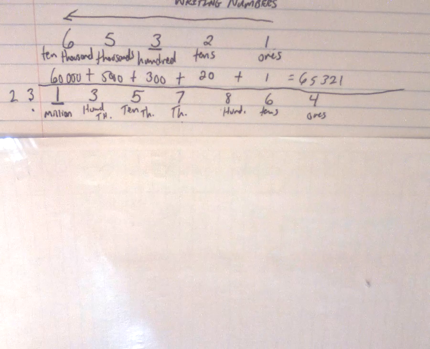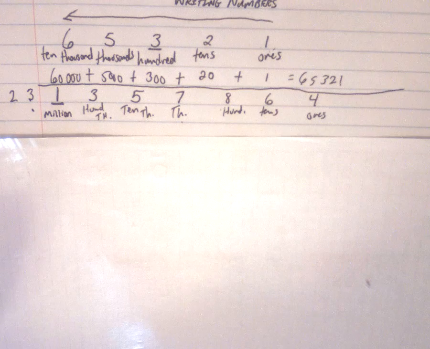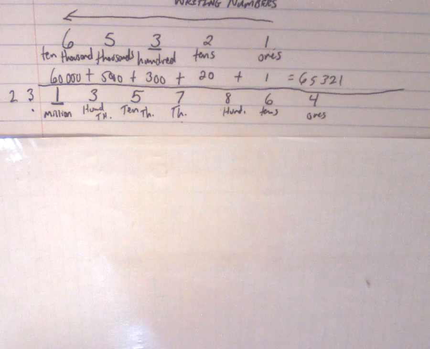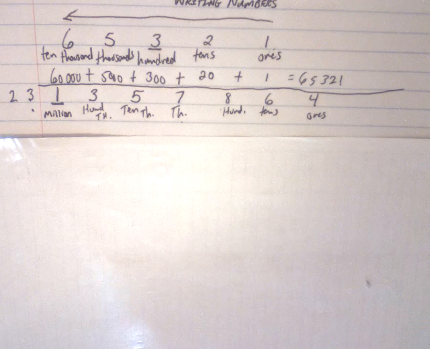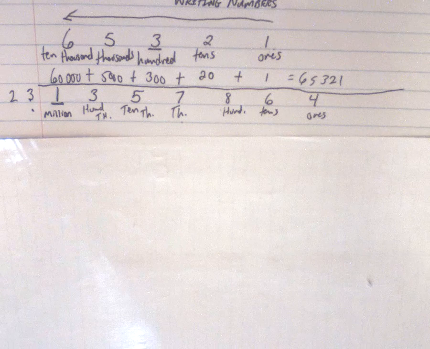Okay? So that's a basic introduction into place value, and that's probably what you're going to notice in your book, because it's going to be underlining a certain number, and what you need to do is you need to be able to give the place value.